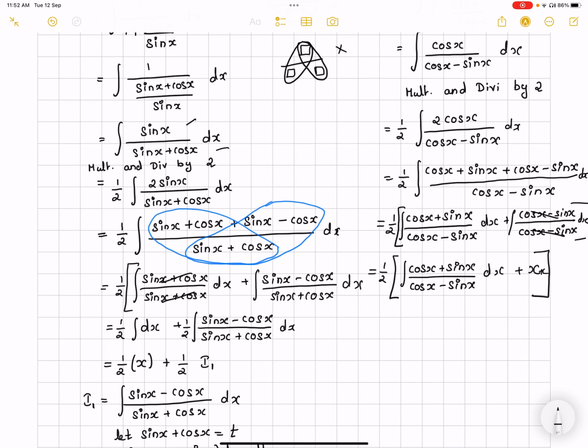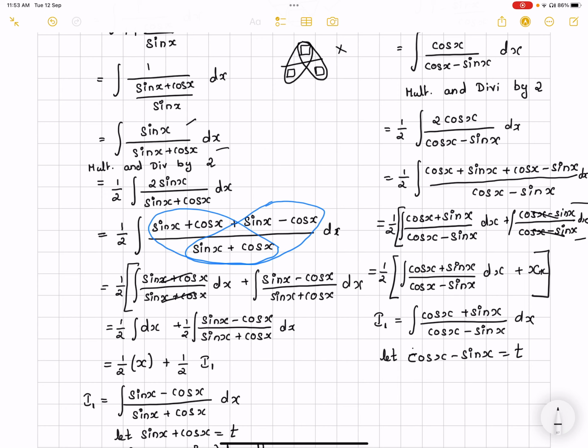Now here, I would be going with a substitution. I would consider I1 equal to the integral of (cos x plus sin x) divided by (cos x minus sin x) dx. So now I would be considering t equal to cos x minus sin x.